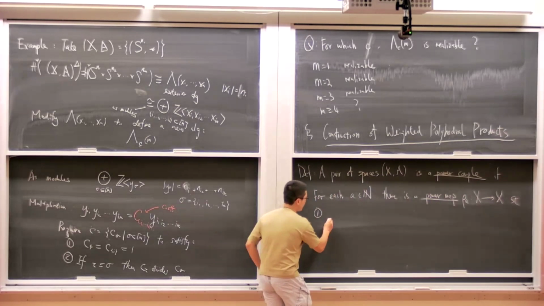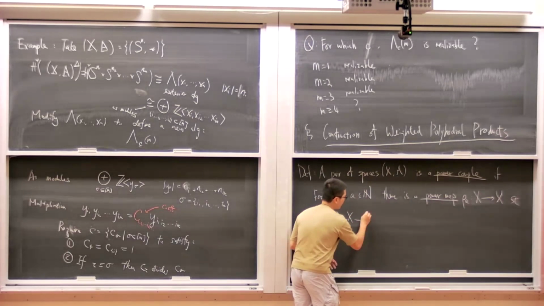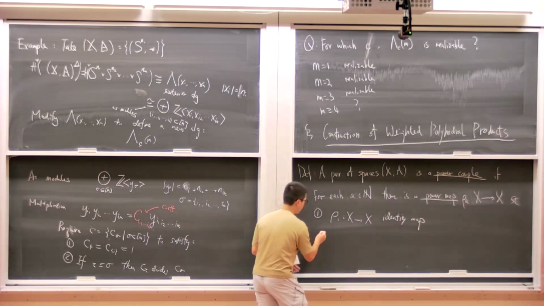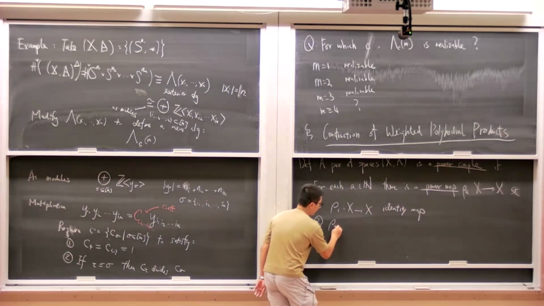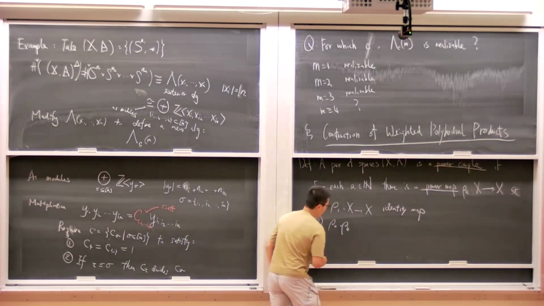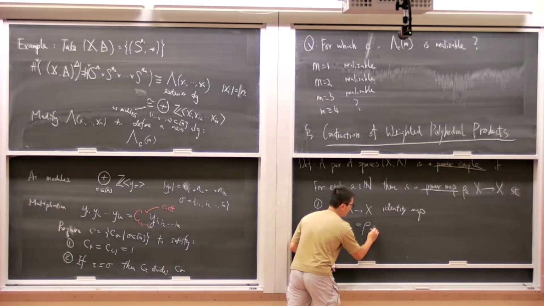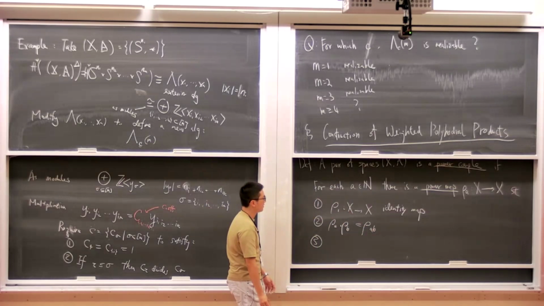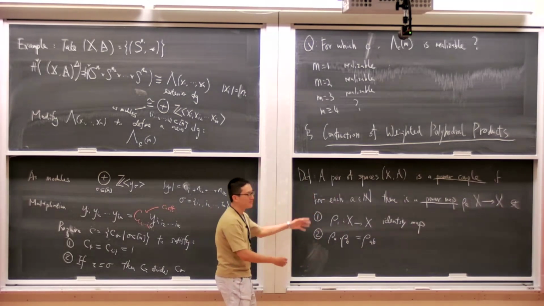First, for rho sub 1, we want it to be the identity map. And second, when we compose two power maps, rho a composed with rho b, then it becomes rho sub a times b. And no, there's no third condition. Sorry, yes, that's enough.